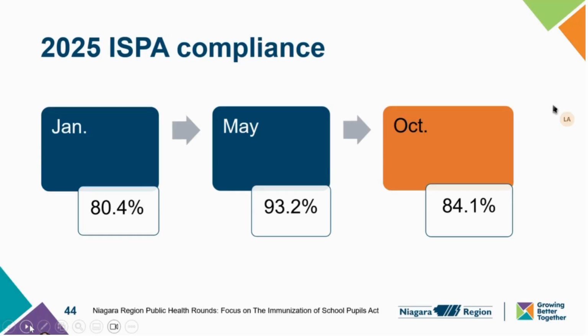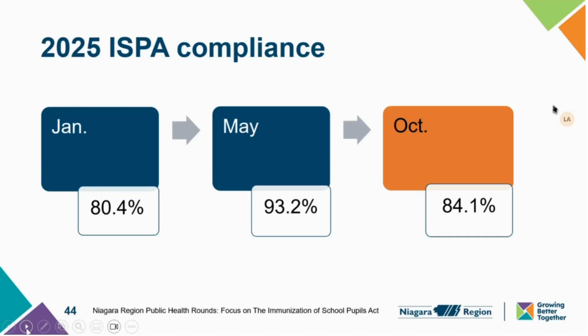The next slide, yep. To fully capture the intent of the Immunization of School Pupils Act, Niagara is really focusing on using the overall compliance rate as an indicator of success. So compliance with the ISPA means that each student either has the required immunizations or a valid exemption on file with public health.